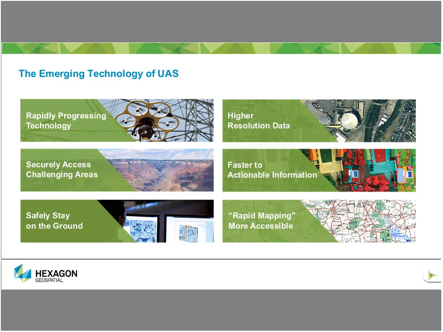It allows us to provide much more highly localized mapping solutions, getting much faster from data capture to actionable information, and a whole new class of rapid mapping applications are now more accessible to a greater class of users.